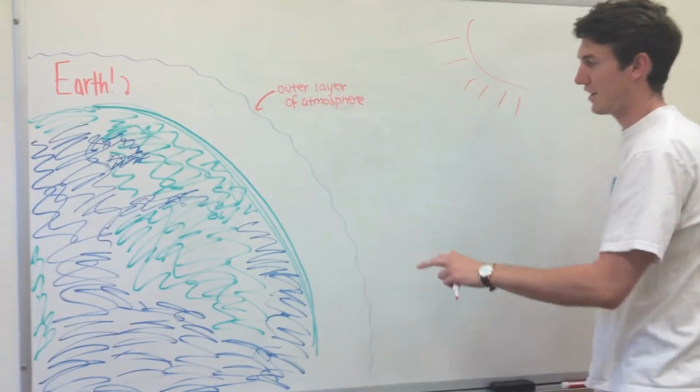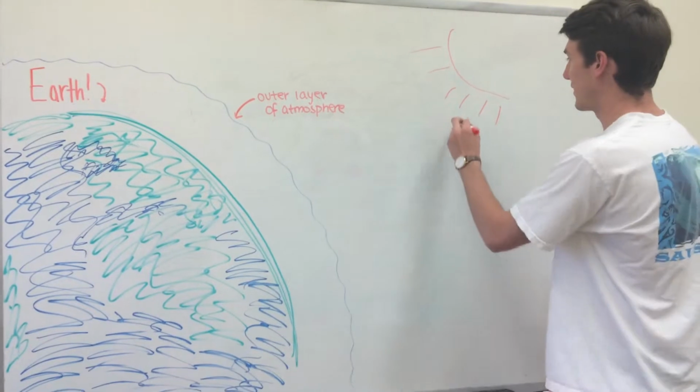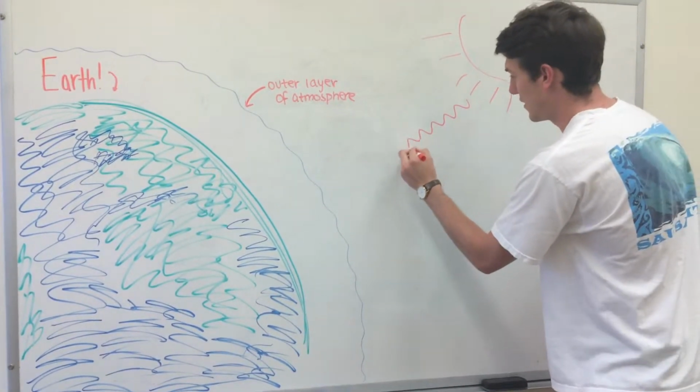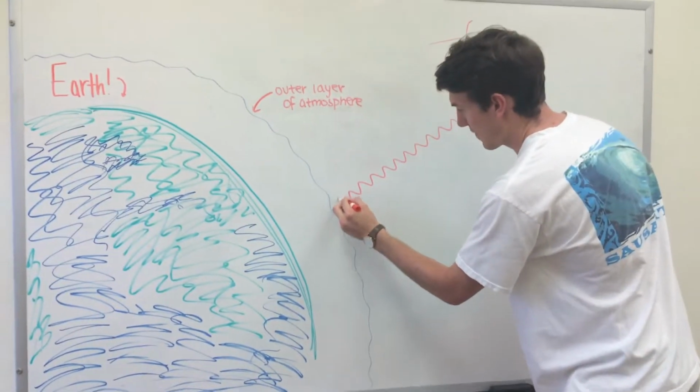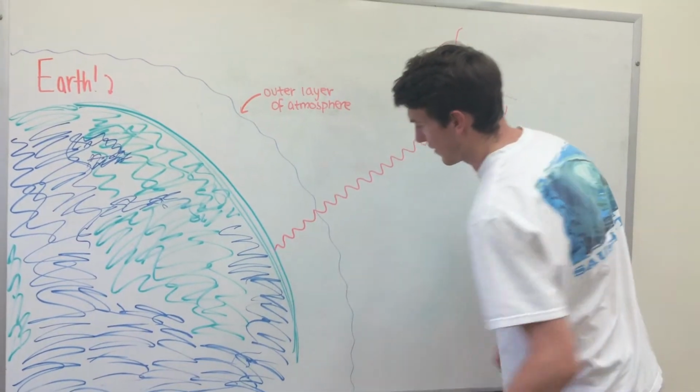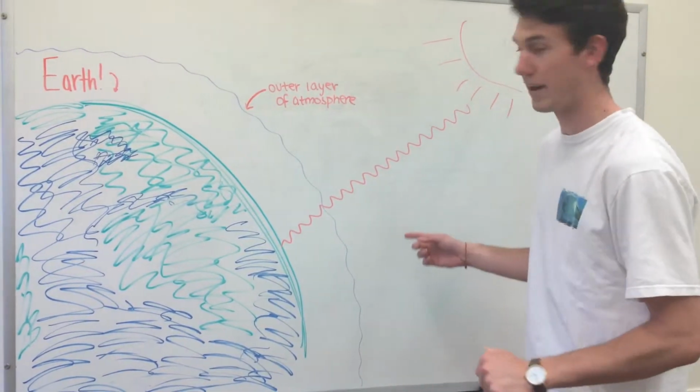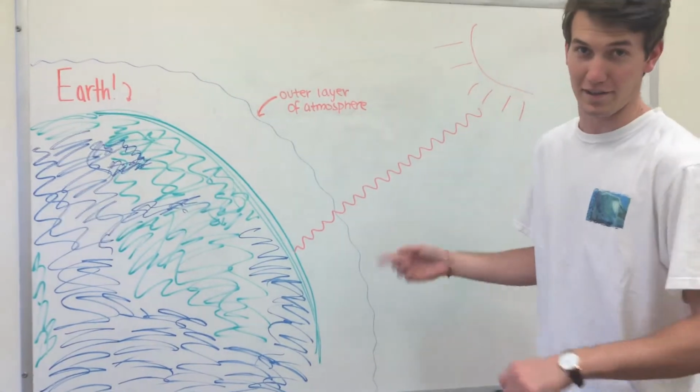So when the sun gives off heat, one of the forms that it gives it off in is visible light. And visible light has a shorter wavelength than infrared, as we saw in the spectrum.